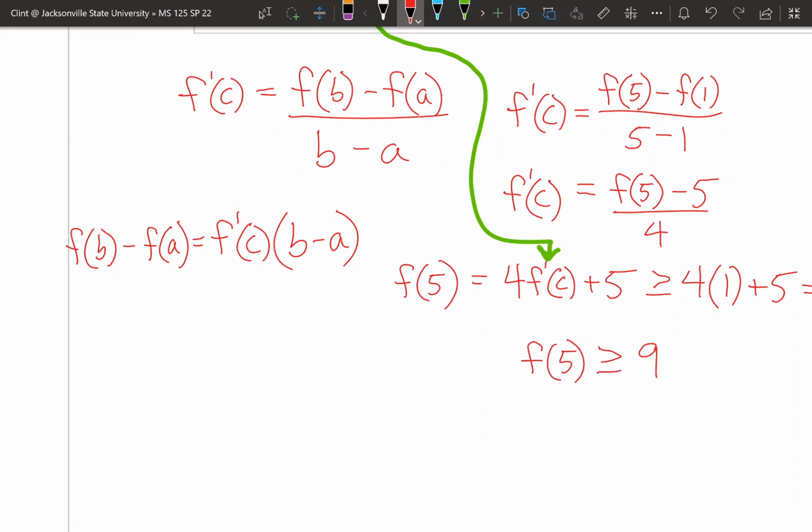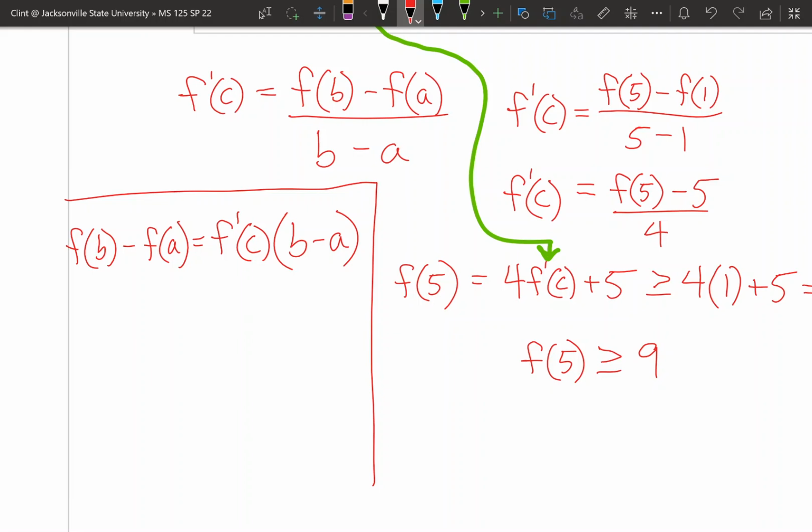That's like the point slope form: y2 minus y1 equals m times x2 minus x1. So maybe it's easier to start there. Then we can plug in.